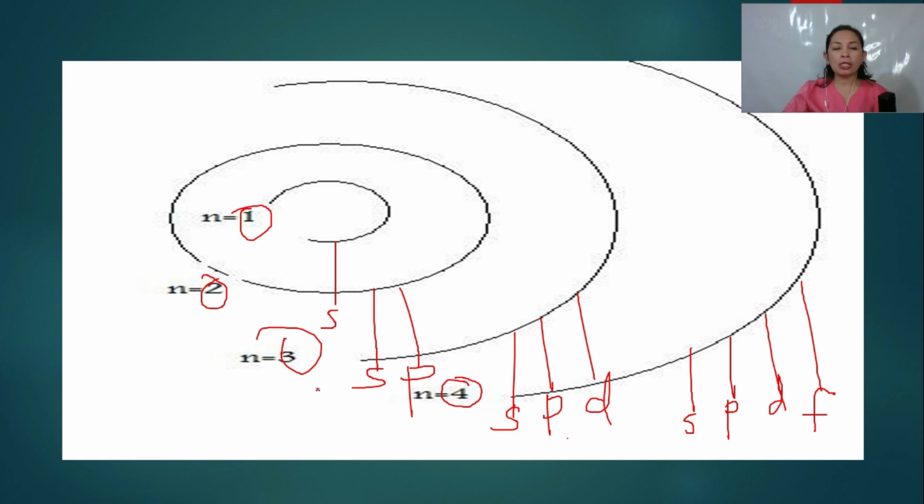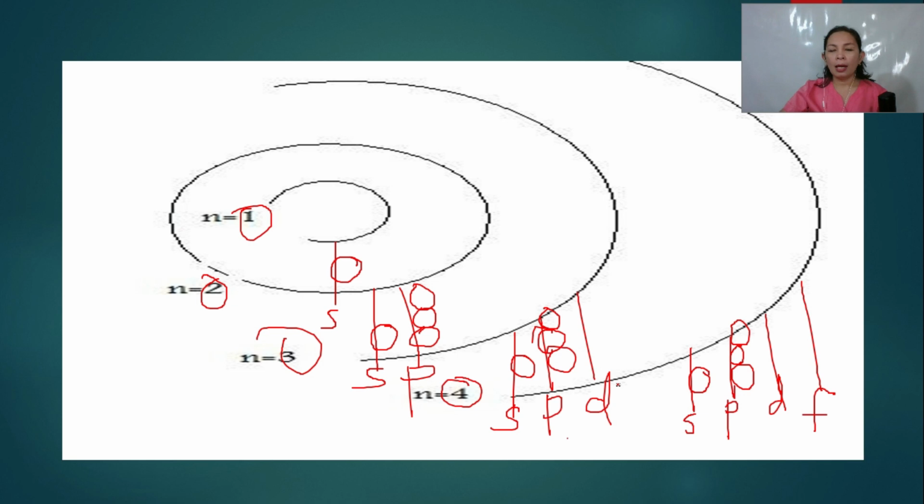Let us now proceed to the number of orbitals in a given sublevel. So in the S sublevel, usually we only have one atomic orbital. So even if it is in energy level 2, still we have one S orbital. And P has 3. Usually the pattern is plus 2. So 1 plus 2, we have 3 P orbitals. In the same manner, in the third energy level, we have 3 P orbitals, and also in the fourth energy level.